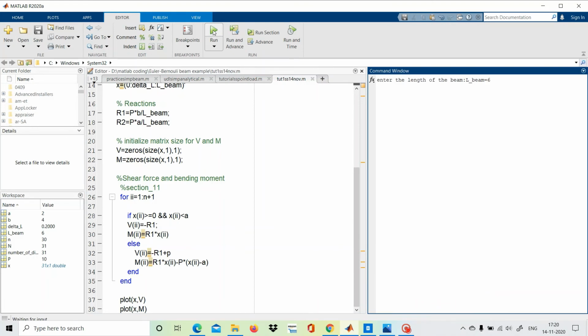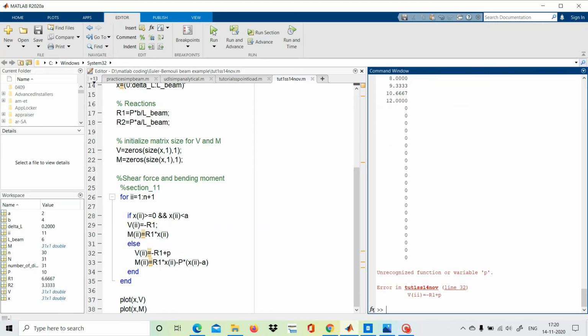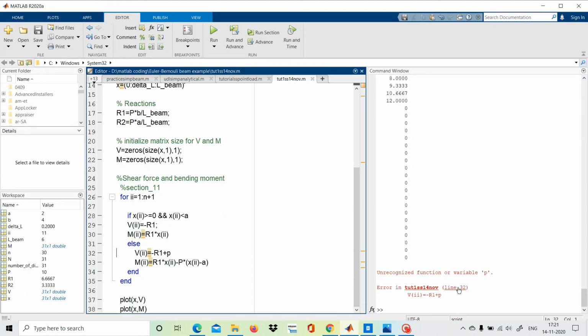Length of the beam 6, load p is 10 kilonewton, 2 meter distance, 30 parts. Somewhere there is a small p, so it's giving the error in line 32. So let's click on it, 32. Okay, we have just by mistake written a small p, but we have considered capital P everywhere, so that's why it was giving an error.